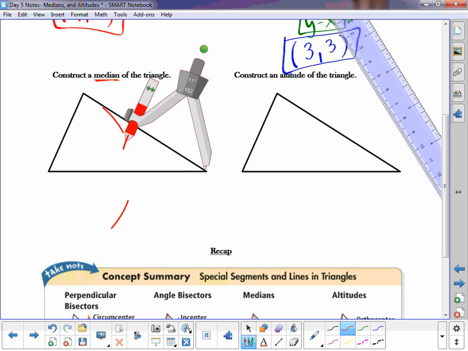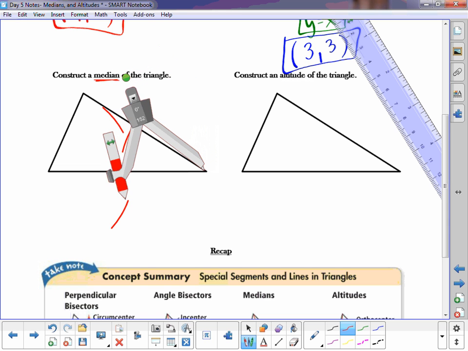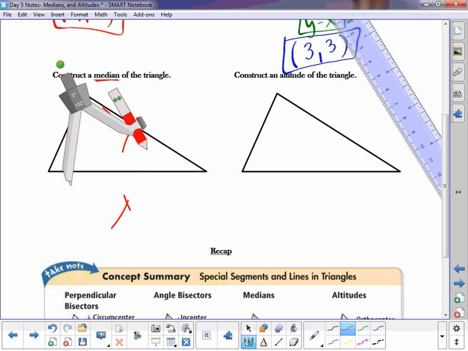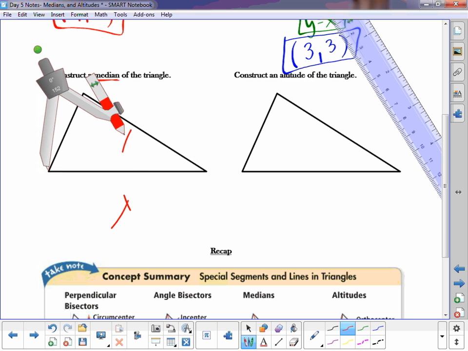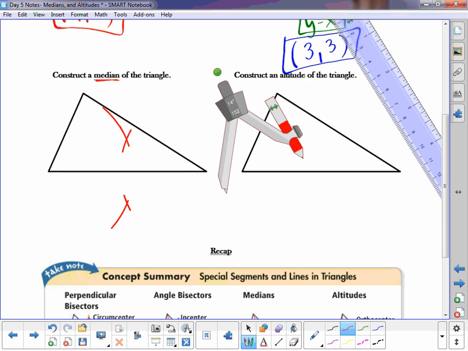Alright. So I can already see I need to go back and do that first one again. I squeaked by on that. So that gives me your two intersecting arcs.